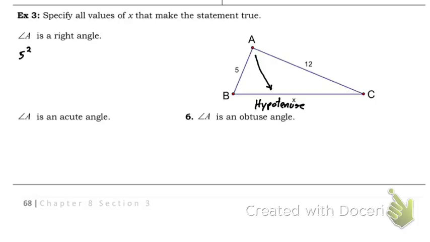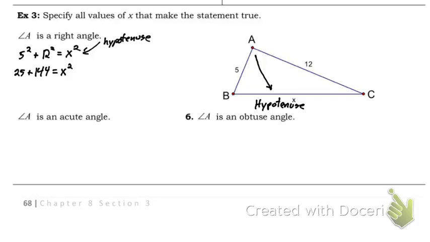So that means 5 squared plus 12 squared would have to equal x squared, since this is my hypotenuse. Well, 5 squared is 25. 12 squared is 144. That should equal x squared.